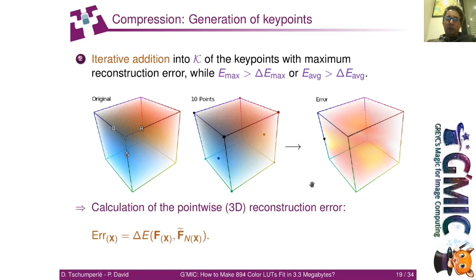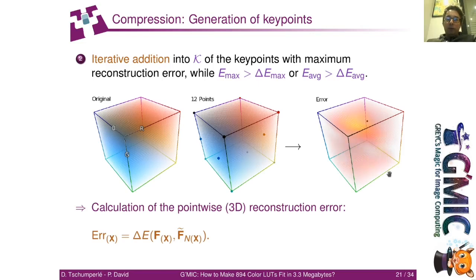So we repeat the steps again and again: reconstruct the CLUT from the growing set of key points K, compute the pointwise perceptual color difference delta E, locate the maximum of the error, and add it as a new key point in K. This way, the reconstructed CLUT becomes closer and closer to the original CLUT as new key points are added to K. And you can see that the reconstruction error decreases over time, which is good news.